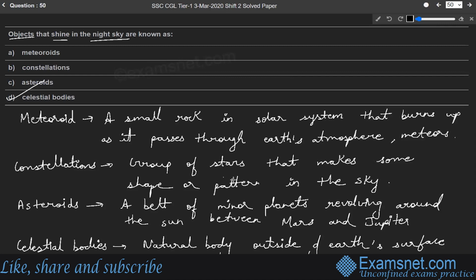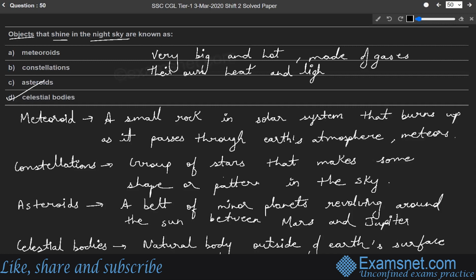Some celestial bodies are very big and hot because they are made up of gases, and they have their own heat and light. For example, the sun has its own heat and light. And some celestial bodies do not have their own heat and light, such as planets.